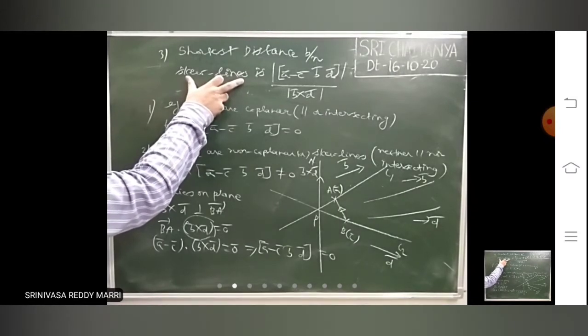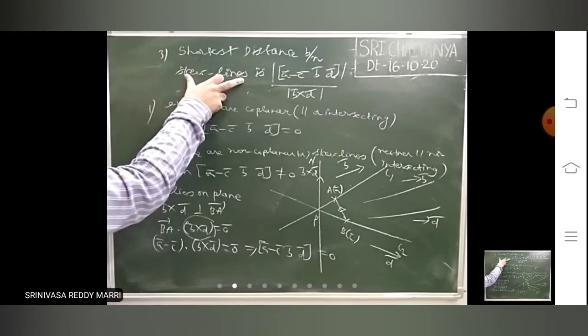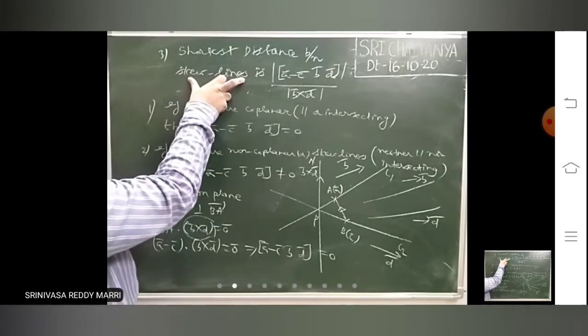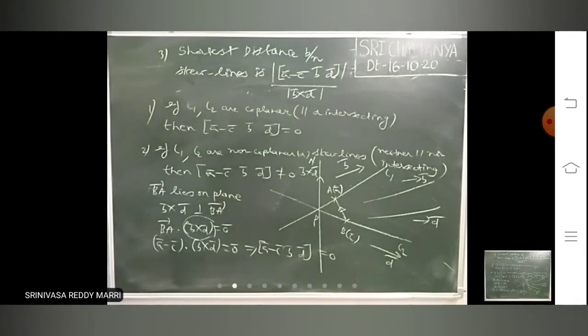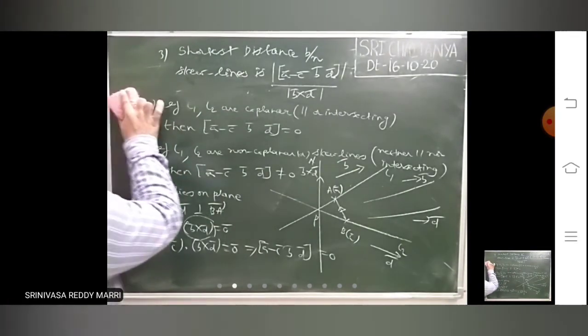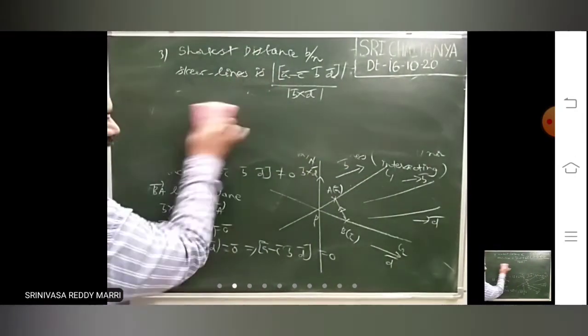If they are not lying in the same plane, skew lines, let us say, you remember this formula for the shortest distance between those two lines. Whenever shortest distance is asked, you write this formula. This proof I will tell in 3D geometry.